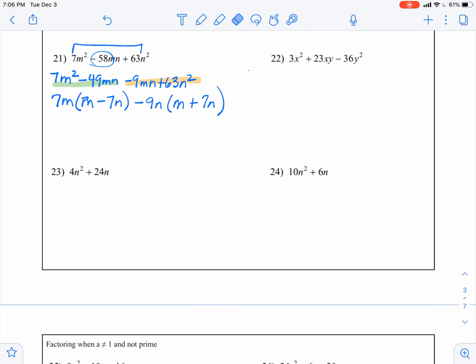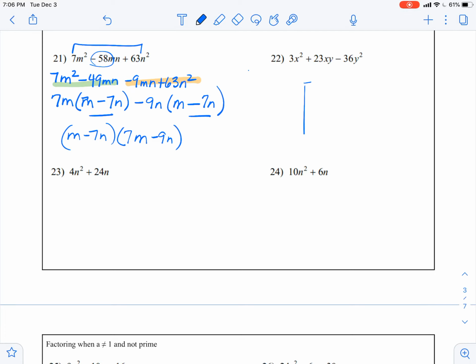Oh, I missed a sign, negative, because I took 63 divided by a negative 9. There we go. Guys, you can check yourself, because these are supposed to be the same. So now those are the same, and I have 7m minus 9n left. There's my done. I'm factored.